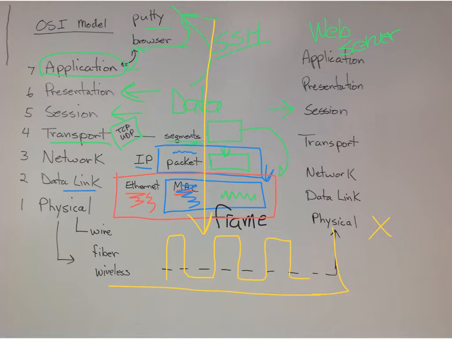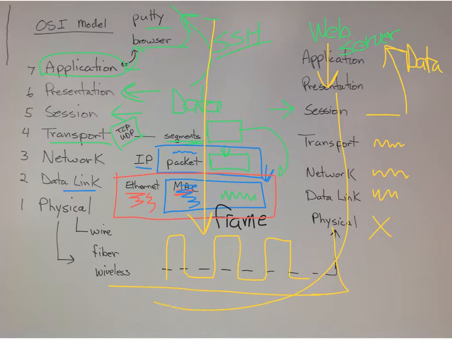Takes off the MAC addressing, then we take off the IP address, we check how is it being transmitted, session, then eventually it ends up here at the actual data, ends up here to the web server, and then it repeats the process and sends a reply back to us. All the way up to if it was Putty or a browser or whatever we're using to connect.